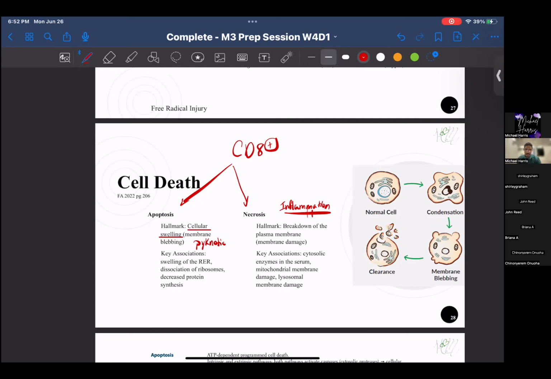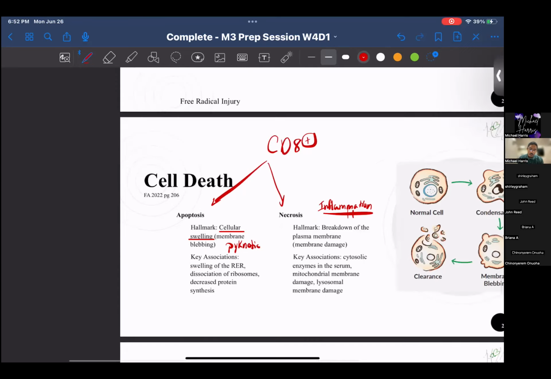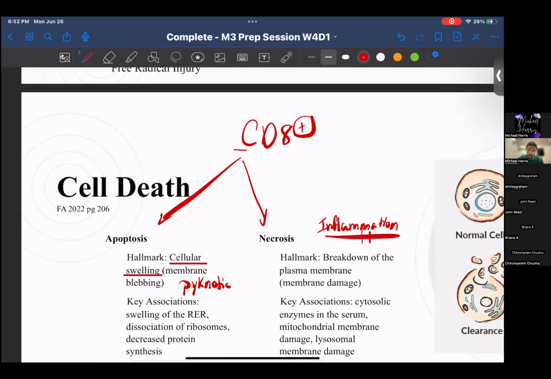If CD8 cells are stimulated to kill things, is that apoptosis driven or necrosis driven? Would it be necrosis? Let's go back to what CD8 cells do.